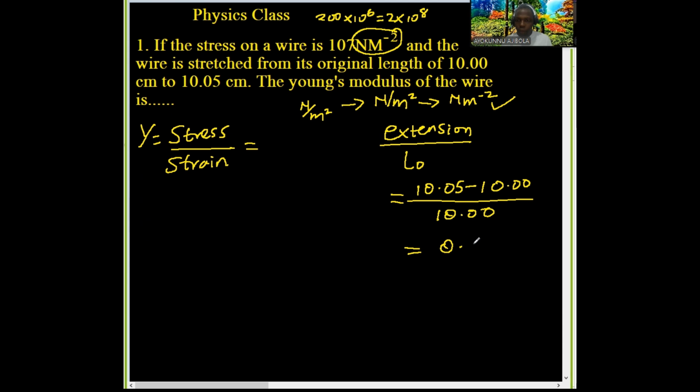So we have 0.05 over 10 as the strain. What is 0.05 divided by 10? It will give us 0.005. That's our strain.